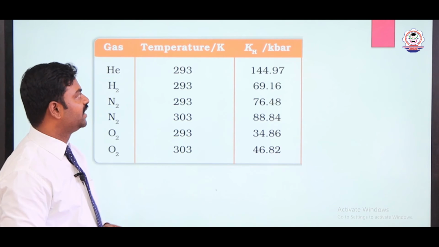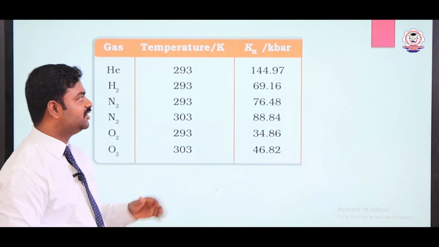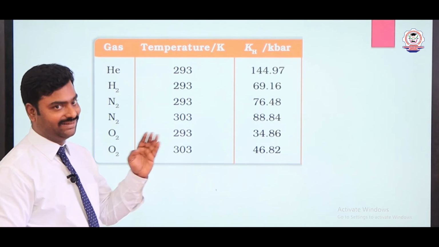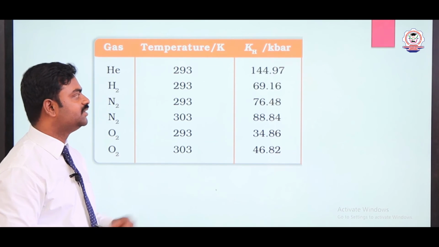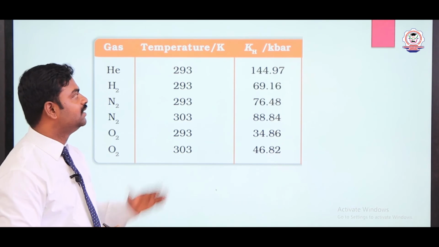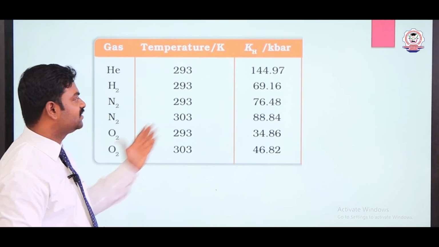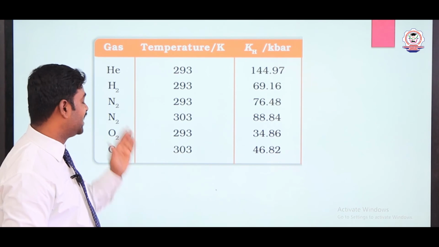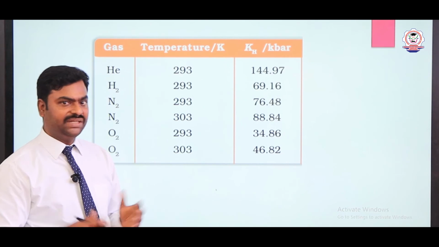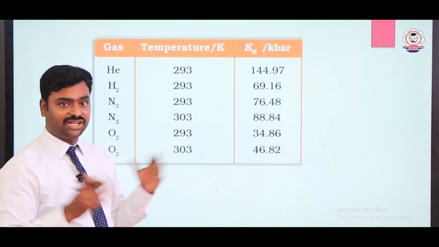First, helium at 293 Kelvin, the value is 144.97. Next, hydrogen at 293 Kelvin, the value is 69.17 kilobar. What about nitrogen at 293 Kelvin? 76.48. For nitrogen, when the temperature increases, the bar pressure also increases.